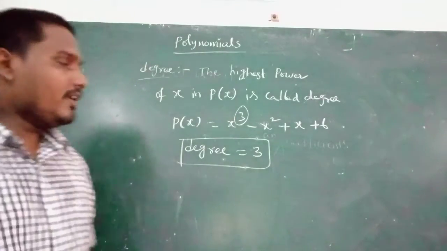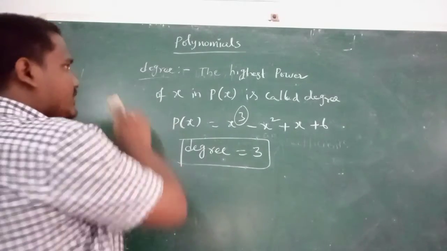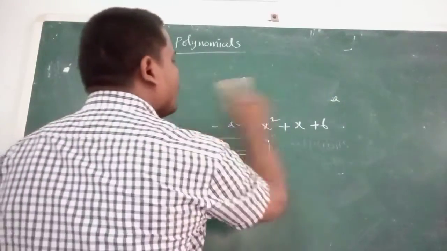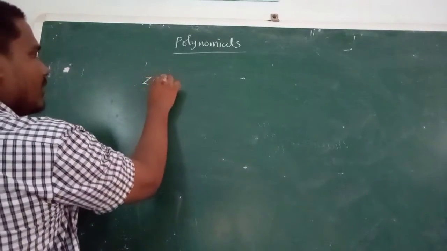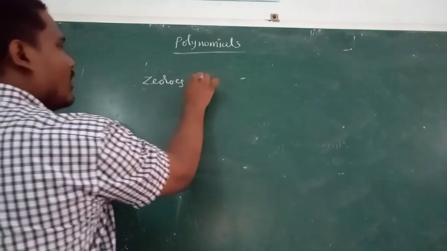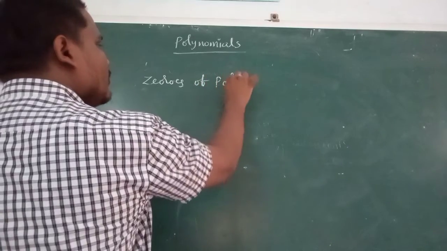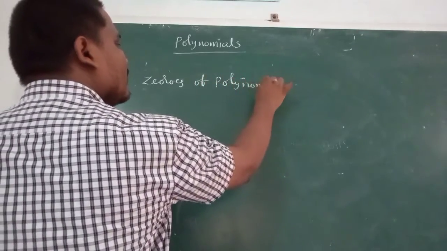Then what are the zeros of a polynomial?